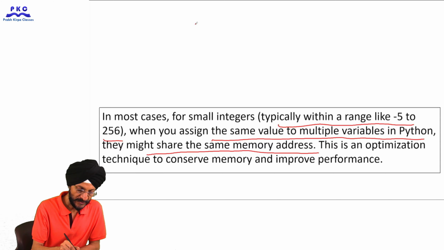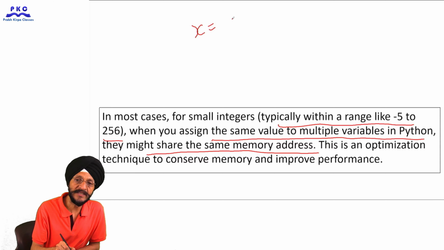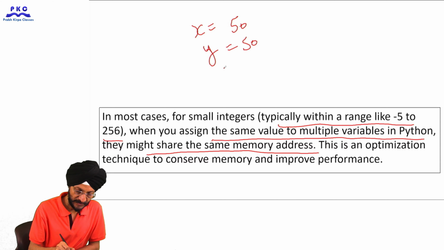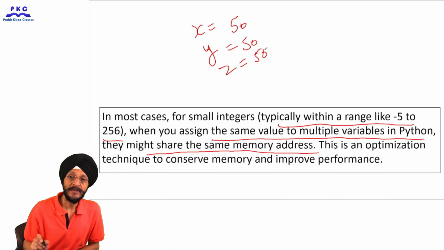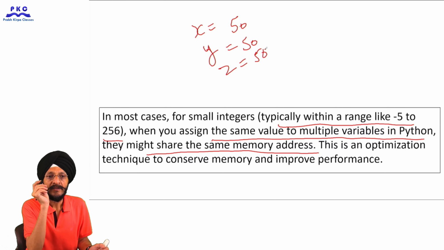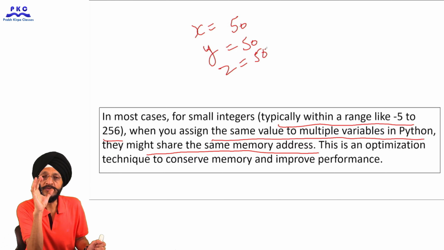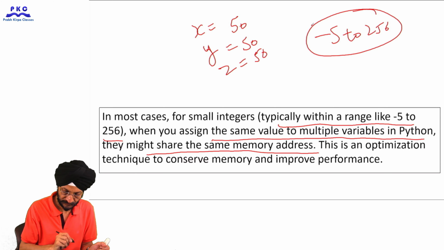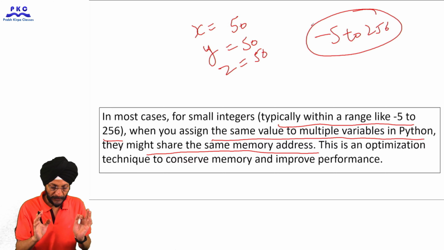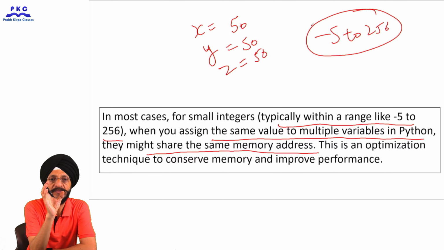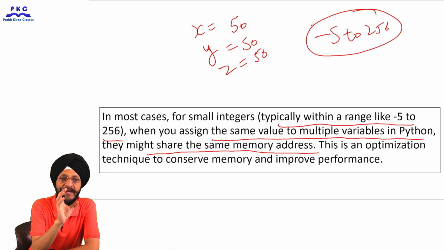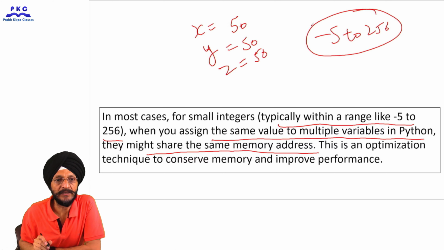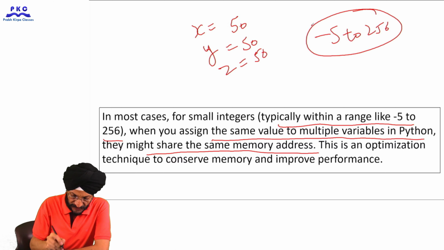It means that when we write x is 50, y is 50, z is 50, in most cases, in case of small integers within the range of -5 to 256, Python will assign the same value to the multiple variables. That is, the memory address will be the same.